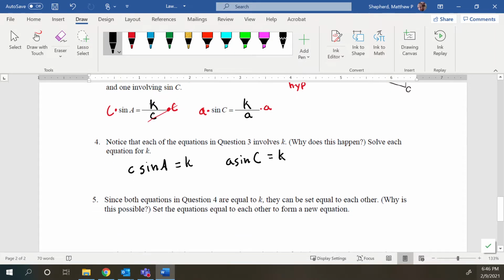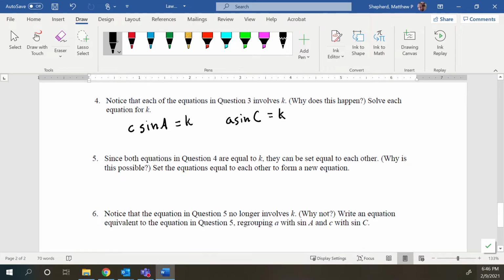Put simply, if A is equal to B and B is equal to C, then A must also equal C. So because both of these equal K, they should also be equal to each other. So C sine of A is equal to A sine of C.